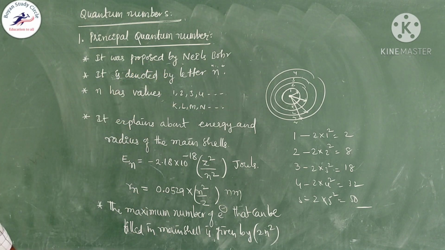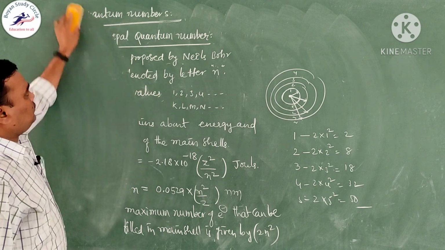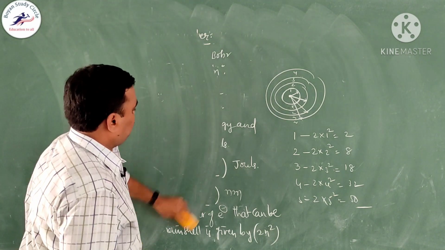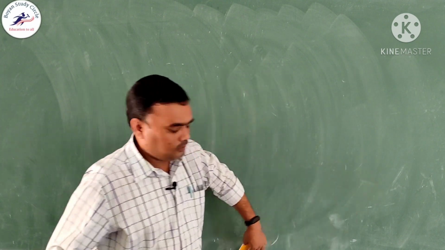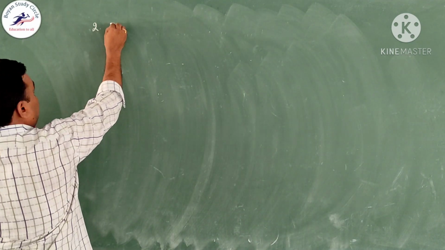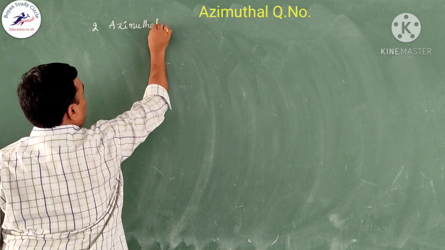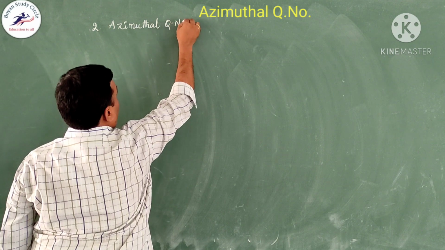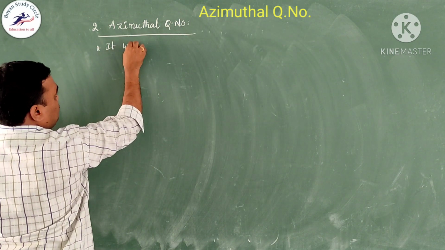Next we are moving to the second quantum number, that is the Azimuthal quantum number.